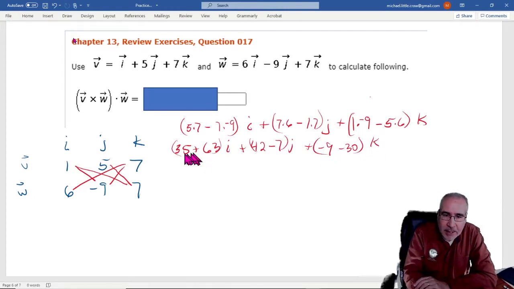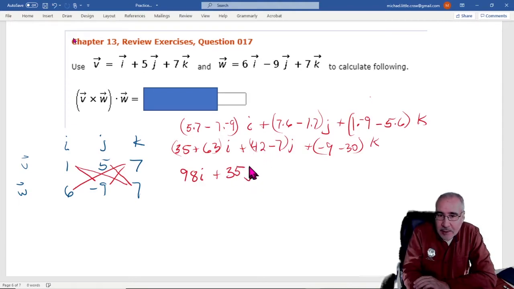And then we combine: 98. This is 35. And this is negative 39k.